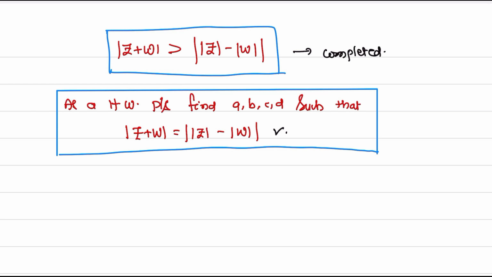Now, inequalities are over and meanings of complex numbers is over. Now, in the next lecture, we will go for the Argand plane.